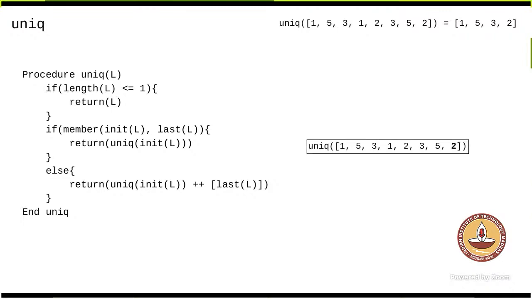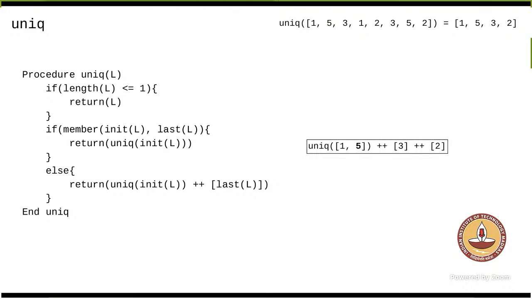Okay, now let's do this example. Now you want to find the unique of this. So we will discard 2, discard 5. 3 also we discard. 2 is already there, so we will take init of L plus 2, and 1 we discard. 3 is not present there, so unique of 1 5 plus 3 plus 2.